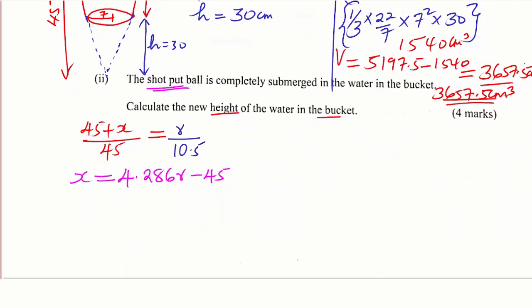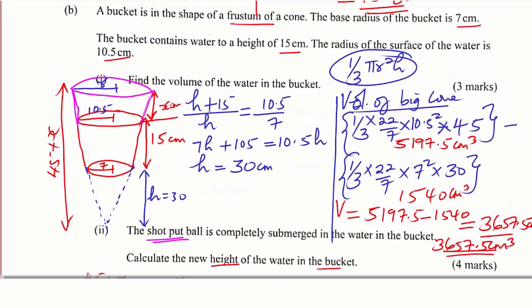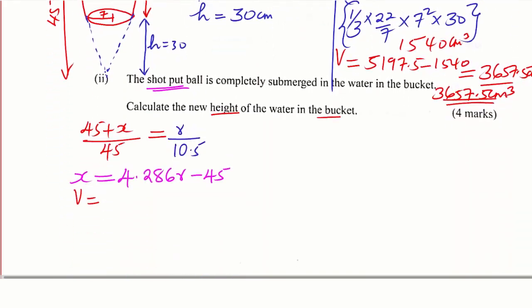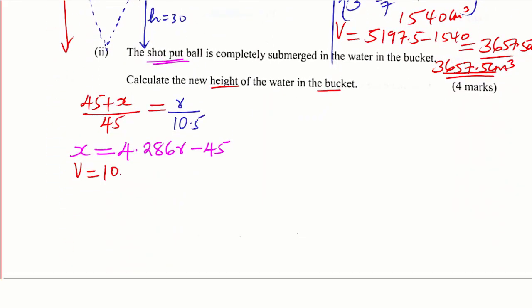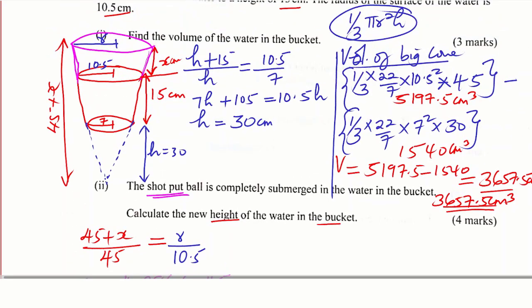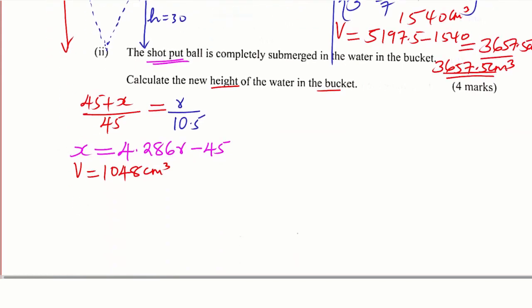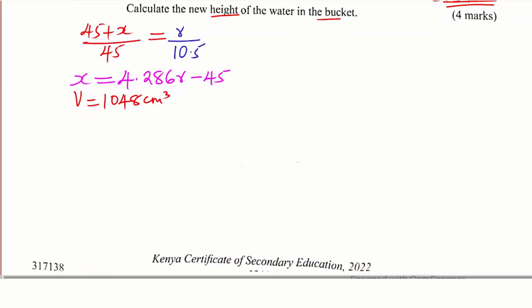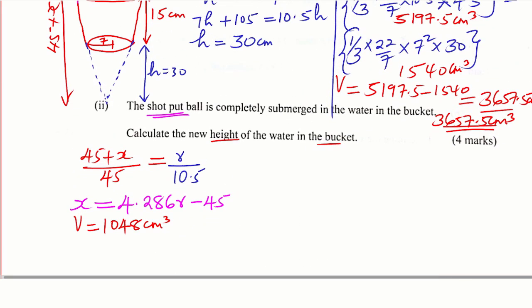So the volume of the shot put is given by 1047.6. For significant figures, you can round it off to 1048 centimeters cubed. So that rise is representing the volume of this spherical shot put.